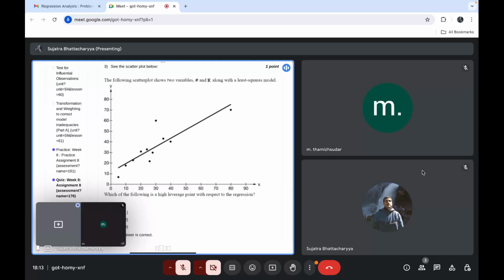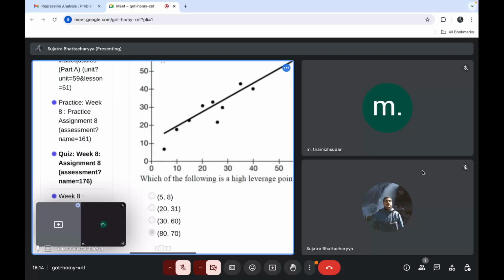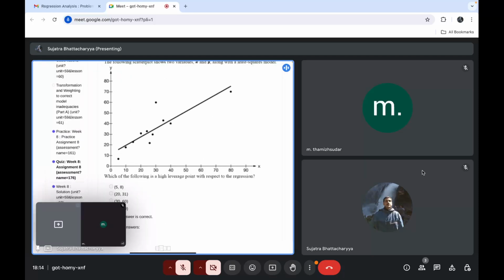Now, what is a leverage point? As we know, a leverage point is that point which has an unusual x coordinate. So just look at it. All the observations are mostly contained below 50 in the x coordinate.